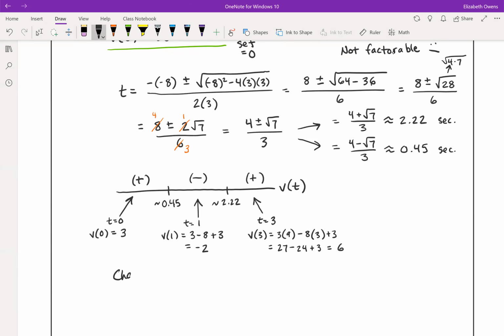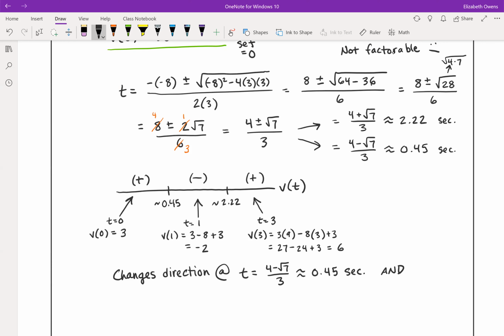So changes direction at t equals 4 minus root 7 over 3, approximately 0.45 seconds.